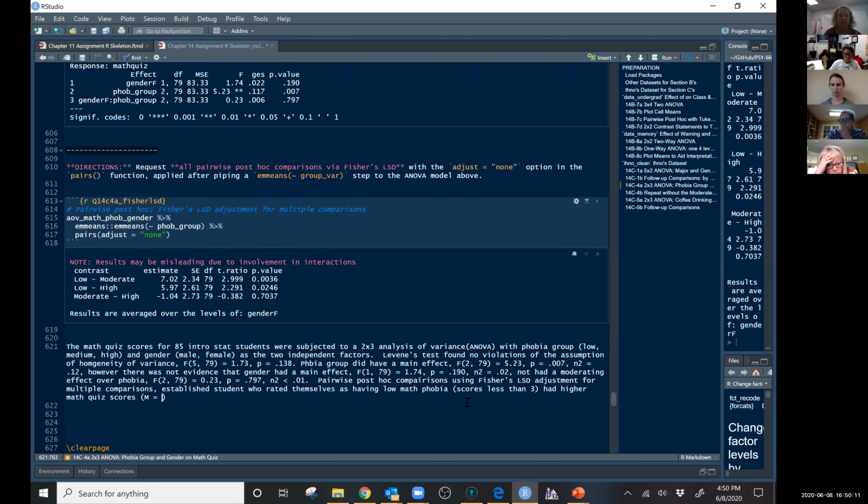And you can actually put the means in here. That was a t with 79 degrees of freedom, low versus moderate.